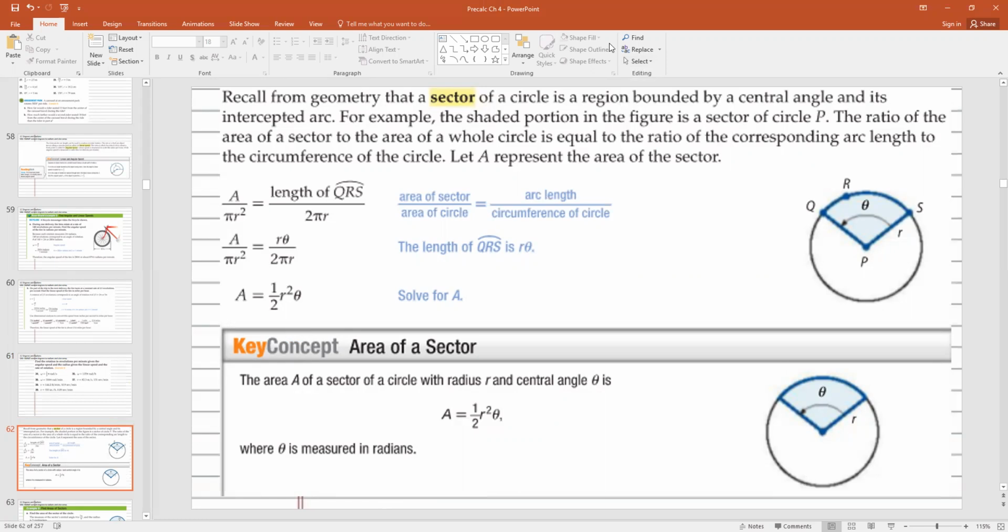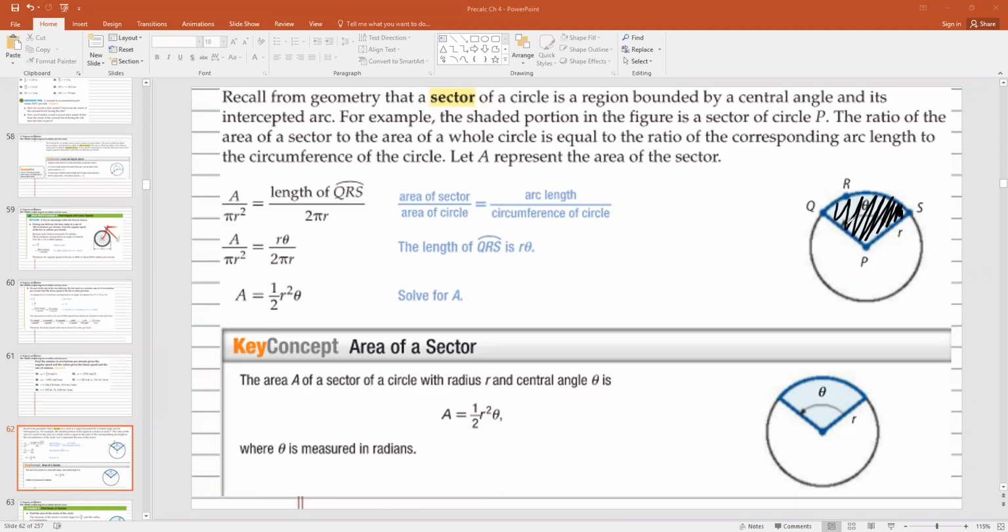All right, so here it says, recall from geometry that a sector of a circle is a region bounded by a central angle and its intercepted arc. So what we're finding is the area of that sector.